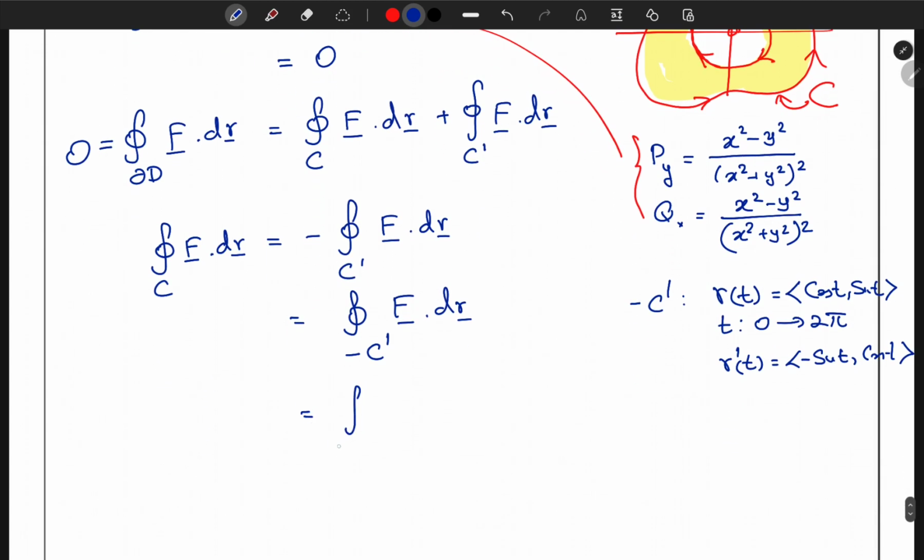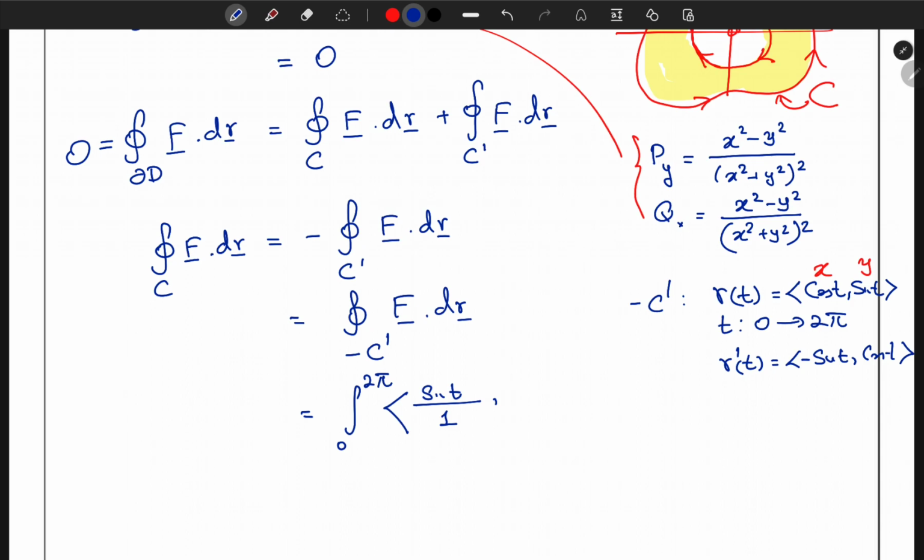So this becomes the integral from 0 to 2 pi of F. Okay, so now I need to plug x equals cosine, y equals sine into the function F. The function F has y over x squared plus y squared.